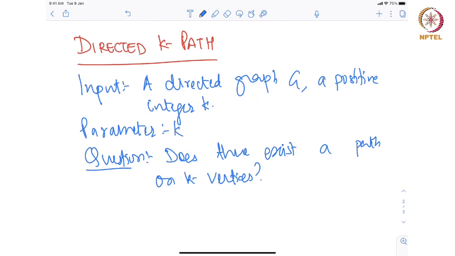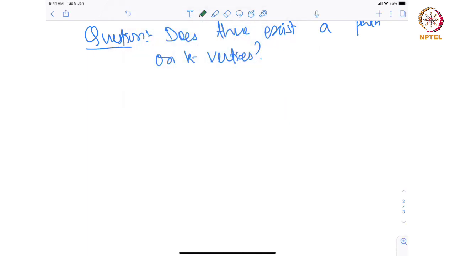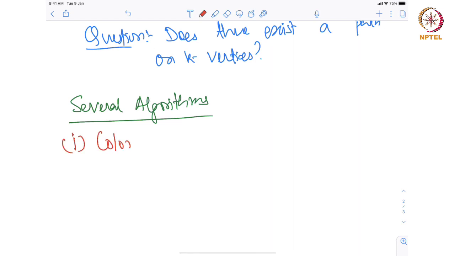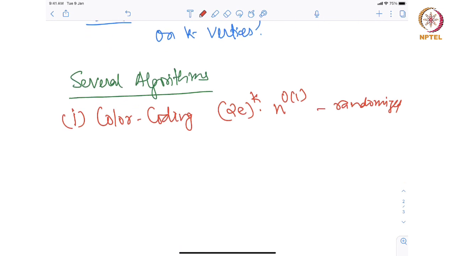Okay. So for this problem we have seen several algorithms. So let's just go back to what we have learned. The first algorithm we would have seen is via color coding. That algorithm ran in time 2 e to the power k n to the power O(1), randomized. But you could also design a deterministic algorithm for this using hash functions.